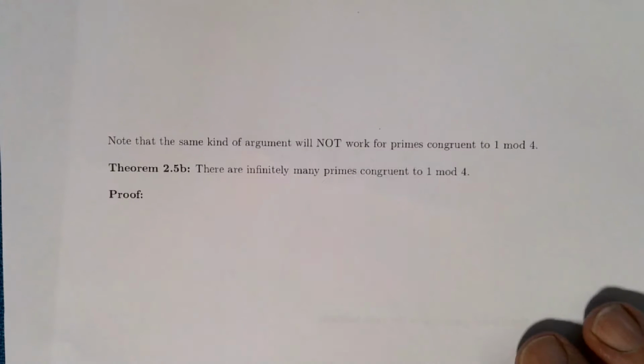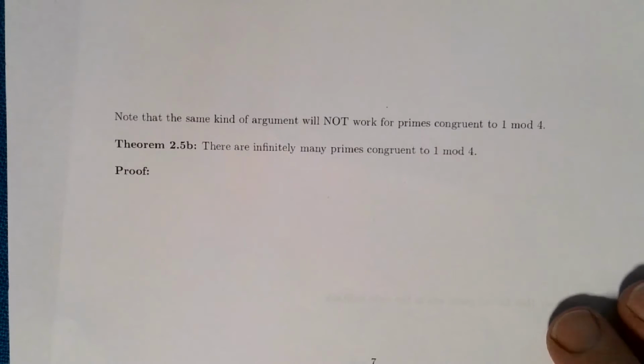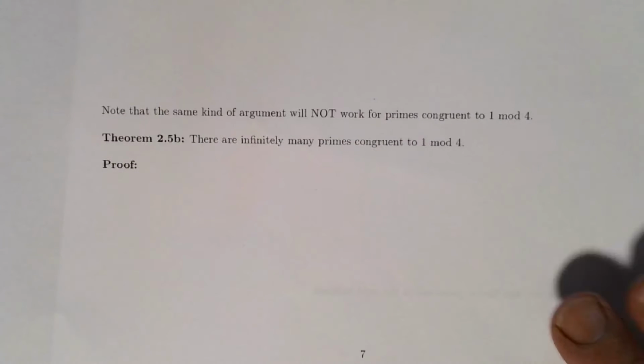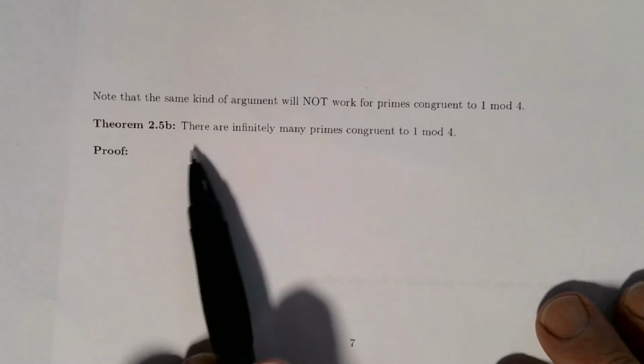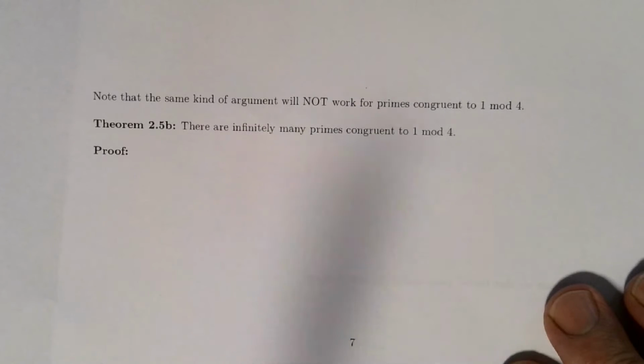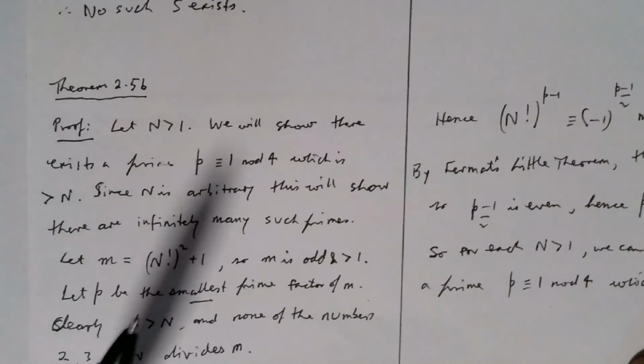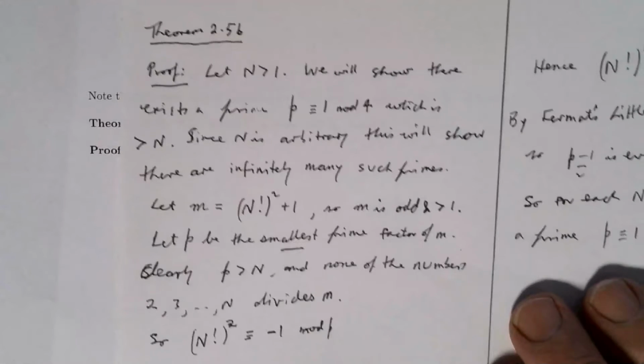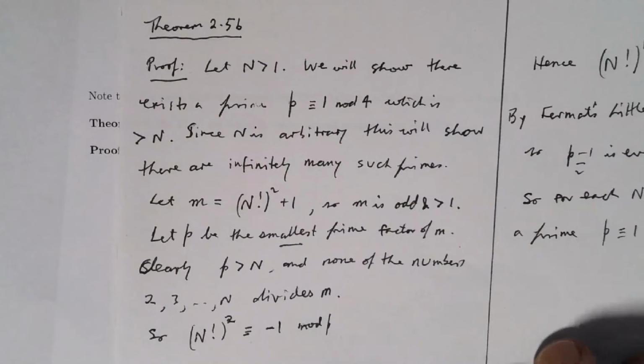Now the same kind of argument unfortunately does not work with the 1 mod 4 primes, even though there are infinitely many of them. So I need a different proof to prove there are infinitely many primes congruent to 1 mod 4, and it's quite different in flavour. This one is a constructive proof.